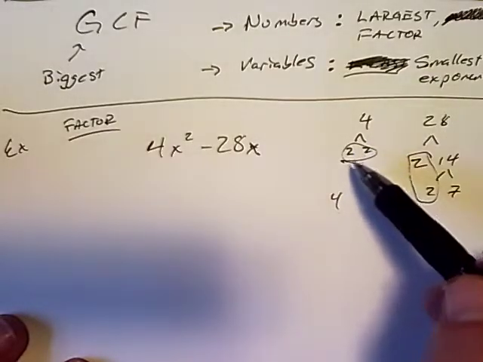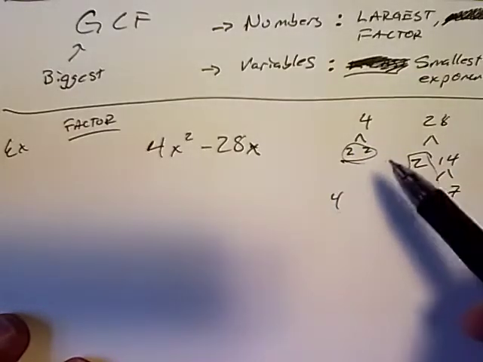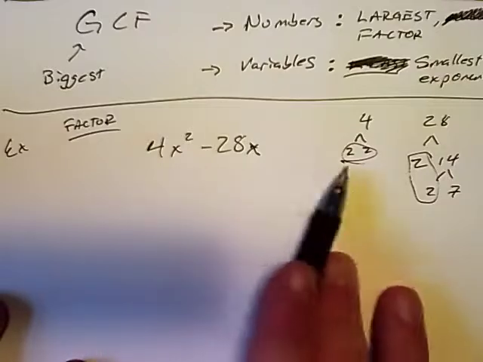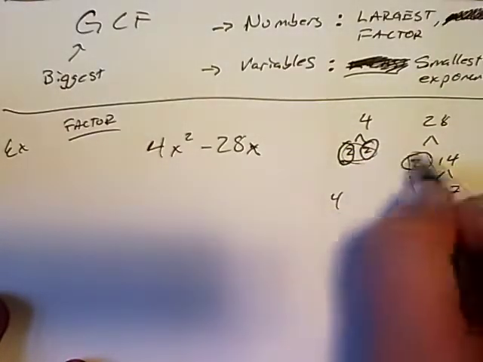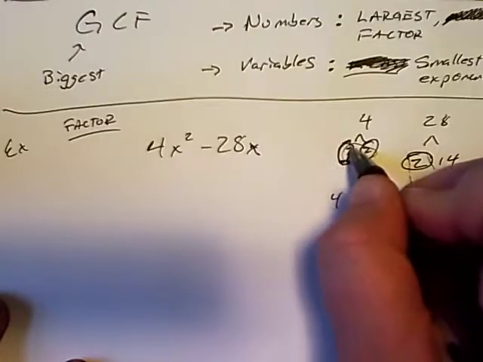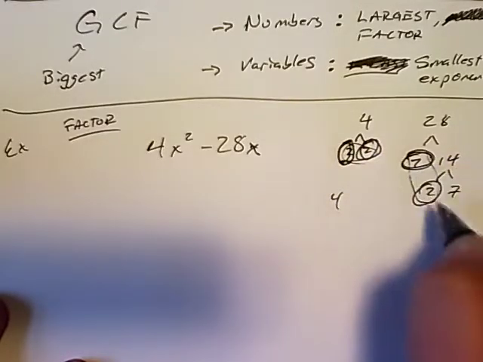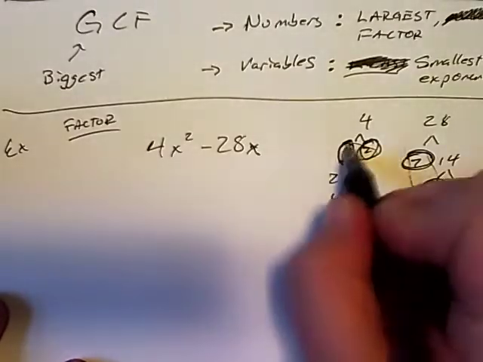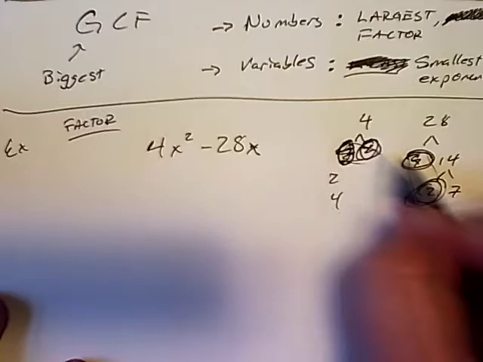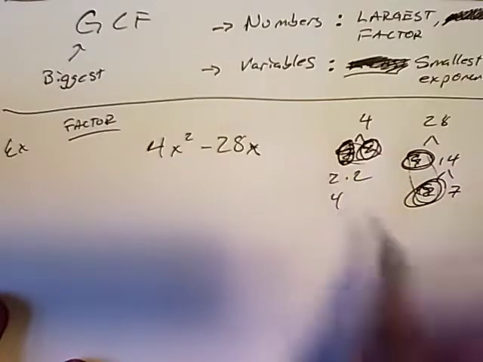This is not the same as simplifying radicals, but this is what I'm trying to find: what all do they have in common. So in fact, I'm going to circle these individually, that way we don't get confused. A 2 comes out, they have a 2 in common, then they have another 2 in common, and we know that 2 times 2 is 4.